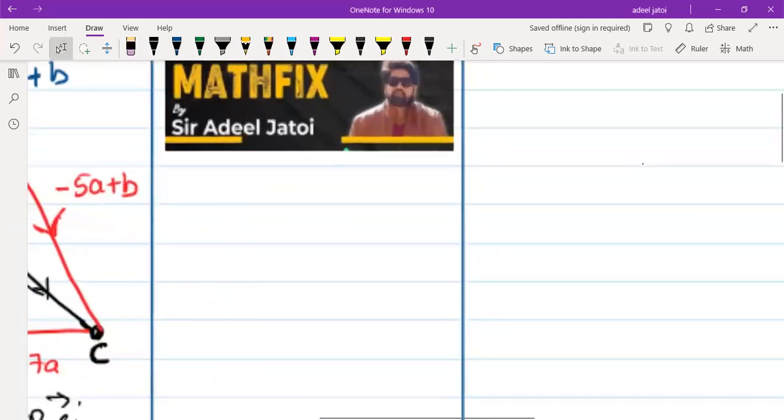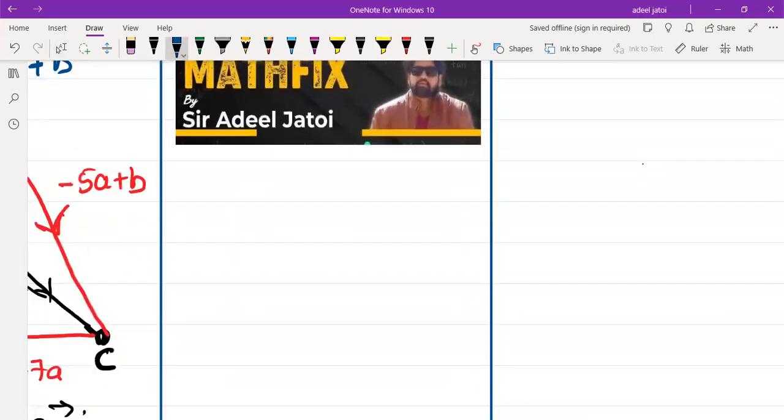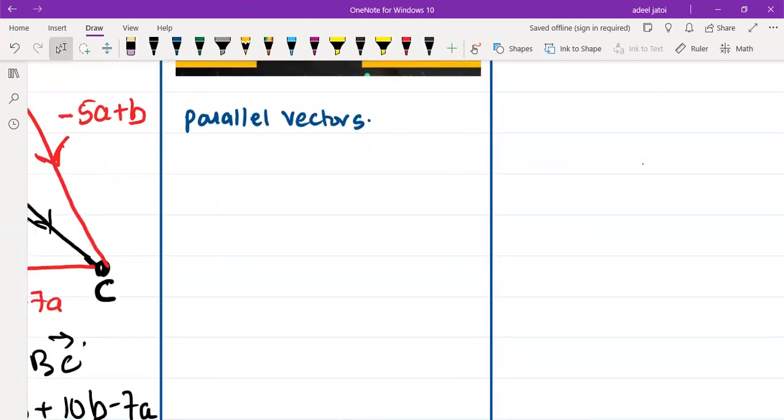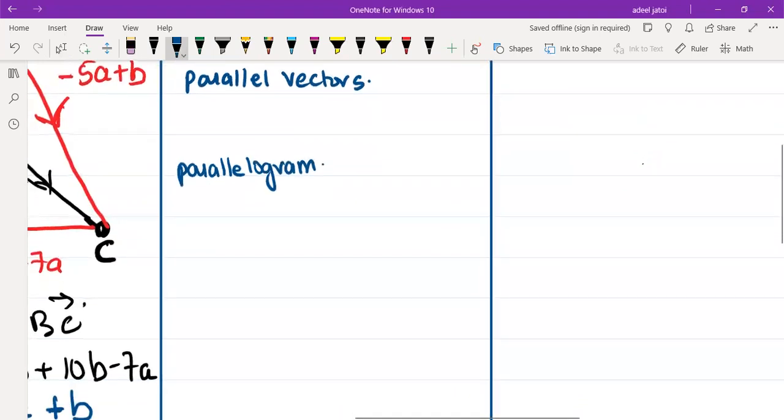Let's work on parallel vectors. We can directly link to parallelogram. A shape is given.